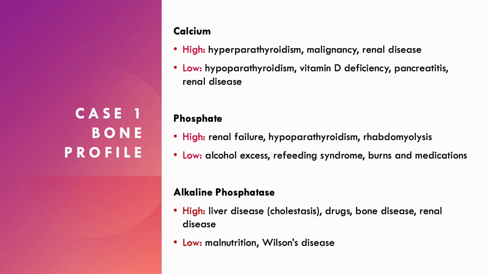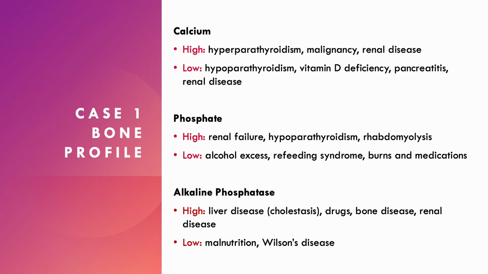And this causes something called cholestasis, which, as I said, classically causes this rise in alkaline phosphatase. Some drugs can cause a rise, such as allopurinol, which is for gout, erythromycin, an antibiotic, and phenytoin, which is an antiepileptic. Bone disease can also cause it to be high, as can renal disease.